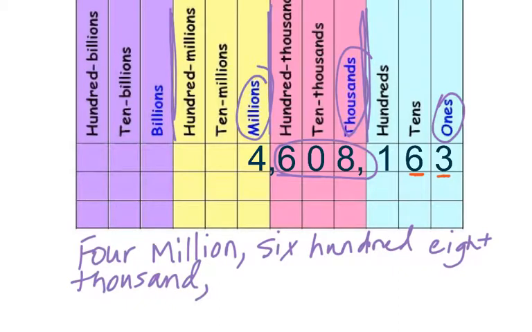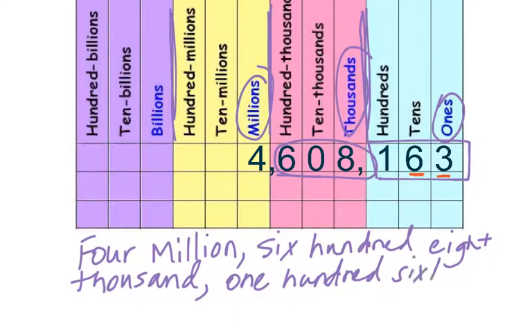And now I'm going to say the last bit, which is in the ones period, but I don't have to end it with the word ones. And that is simply 163. So that is how I would write that in word form.